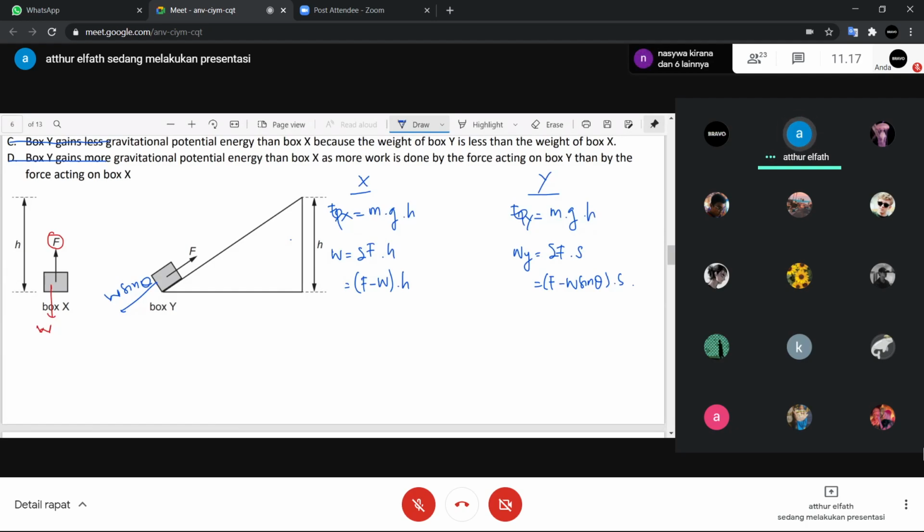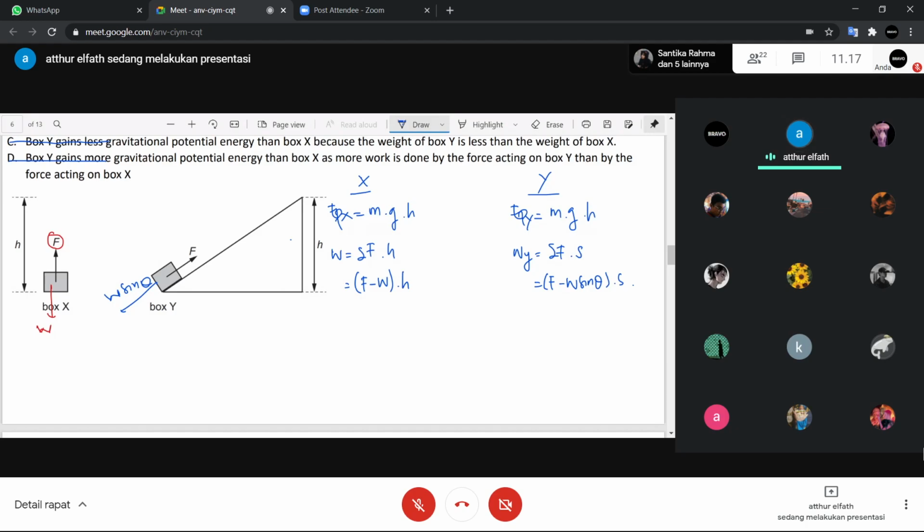Now I think it's hard to find which one is correct if you do not use numbers, so we can assume our own numbers.